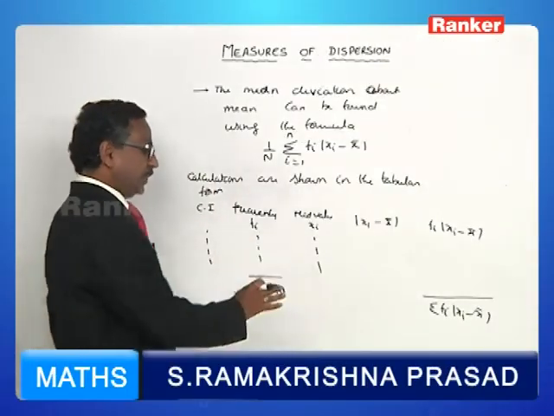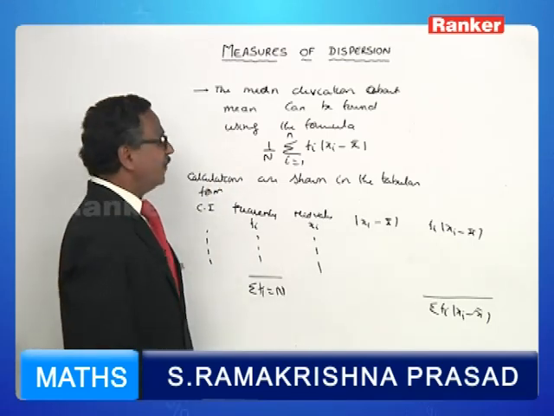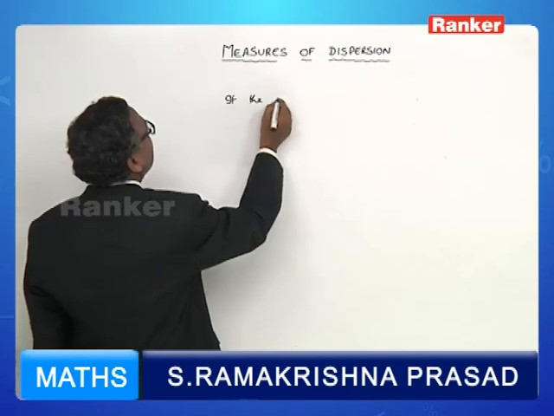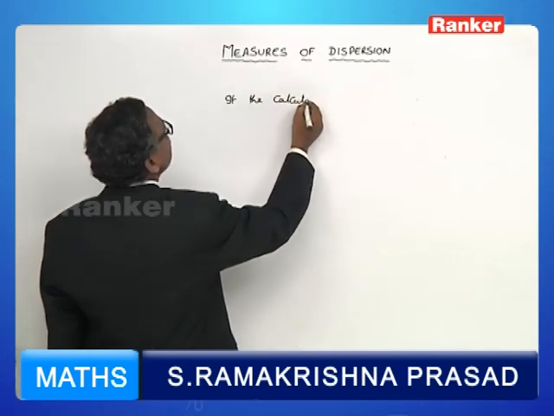Now you can use the shortcut method to find the arithmetic mean if the calculations are tedious.